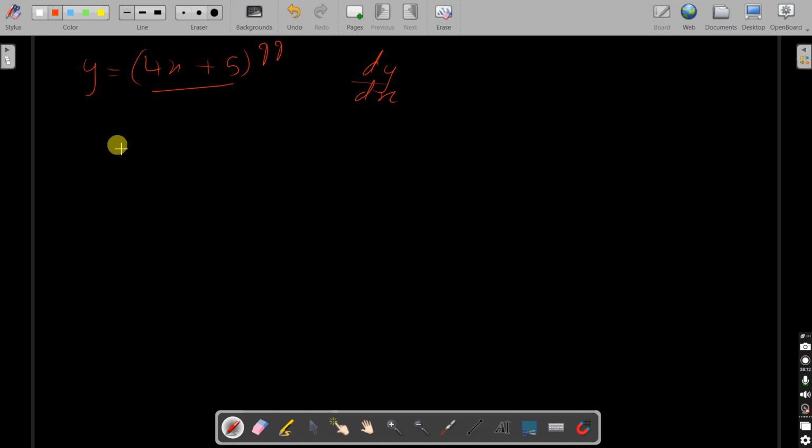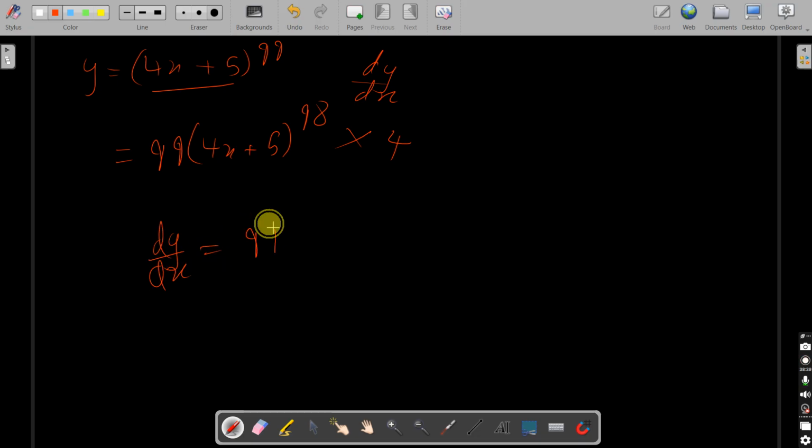So write this as 99 times 4x plus 5 raised to the power 98, multiplied by the differentiation of the thing inside of it. The differentiation of 4x plus 5: this is a constant, so this becomes 0, and the differentiation of 4x is 4. This is the answer. dy by dx is equal to 99 into 4x plus 5 raised to power 98 multiplied by 4.